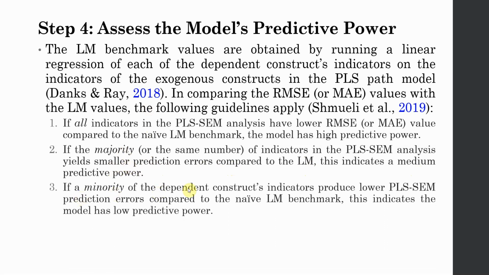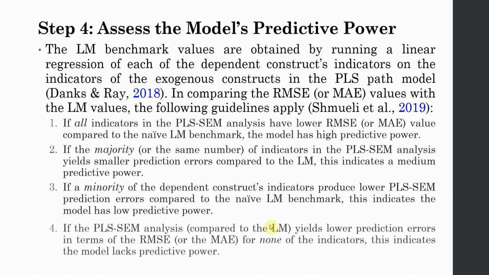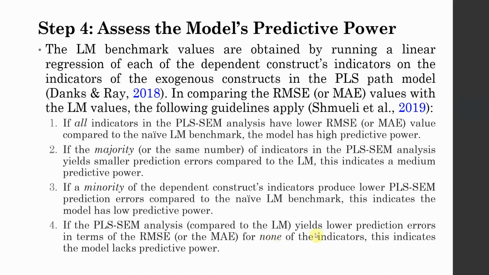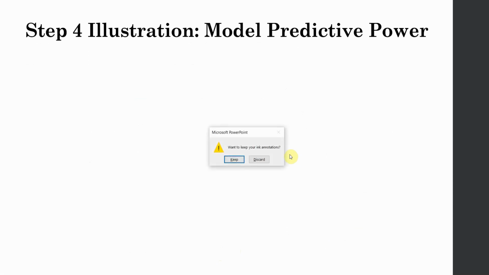If a minority of the construct's indicators produce lower PLS-SEM errors compared to the naive LM benchmark, this indicates low predictive power. But when the PLS-SEM analysis yields lower prediction error for none of the indicators, that is, the prediction error is higher in RMSE or MAE in comparison to the linear model, then you've got no predictive power. Now, how do we do this in Smart PLS?